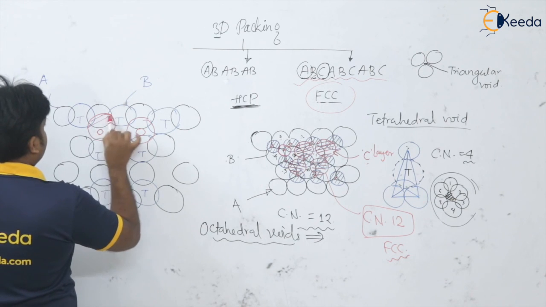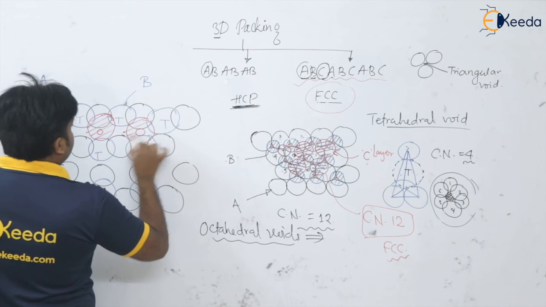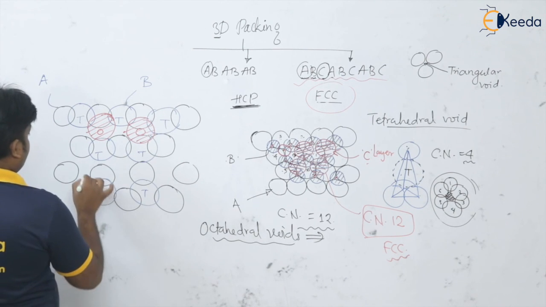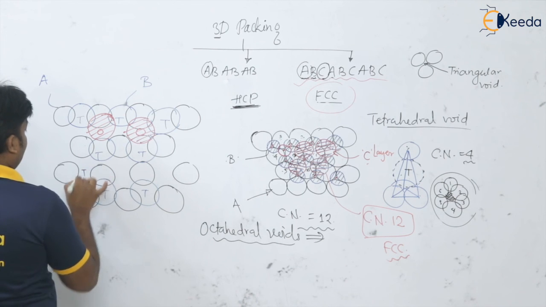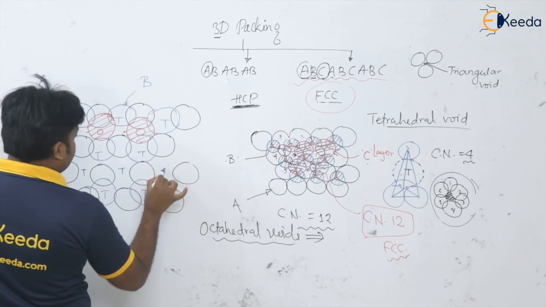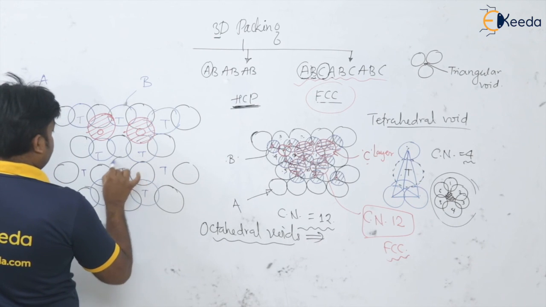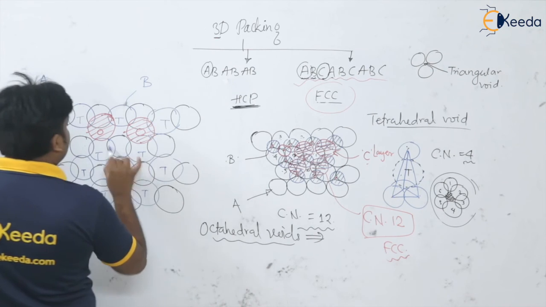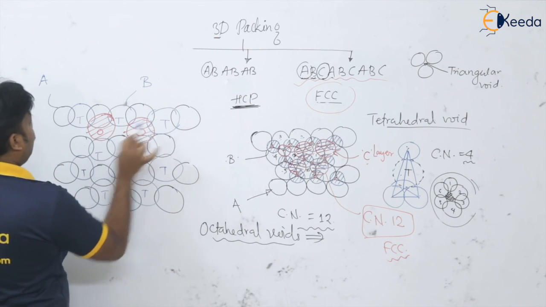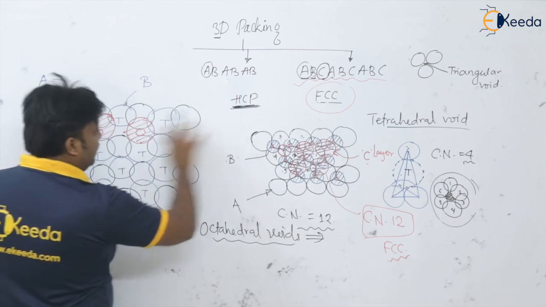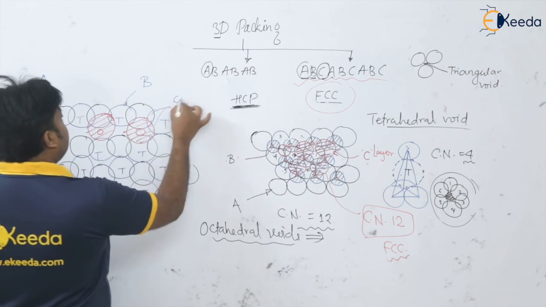In this way, again there is a tetrahedral void here, and a tetrahedral void there. Like that you can go on identifying these tetrahedral voids, cover them, then find the octahedral voids, cover them, and you will get the C layer.